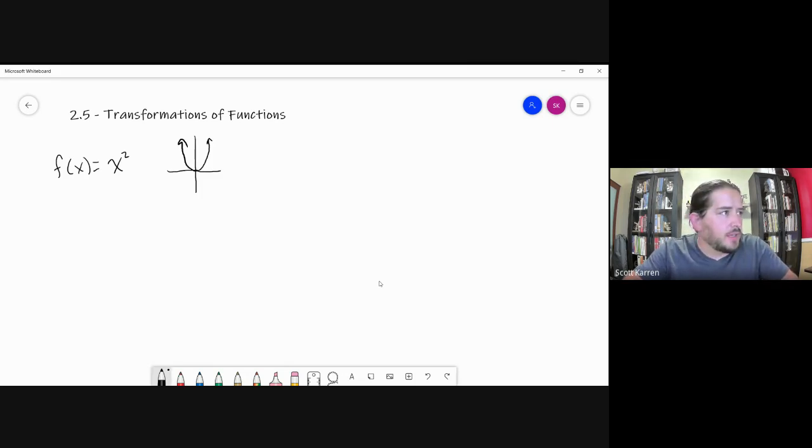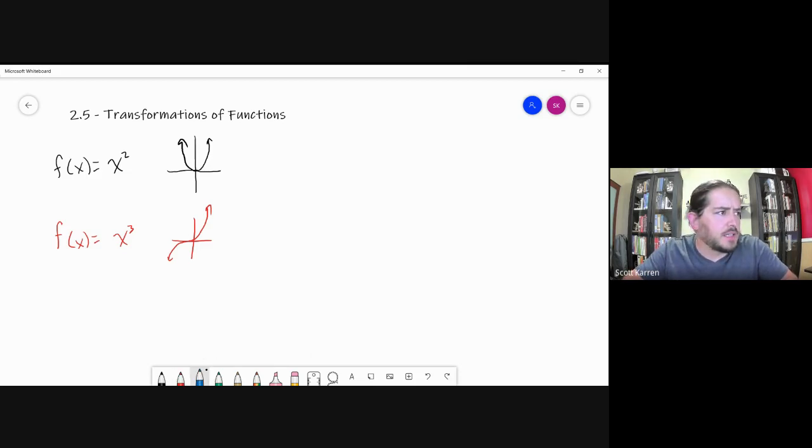If I have f of x equals x to the third, right? It looks like this, more or less. My graphs are not great. I'm on this little pad thing, but doing the best I can here.